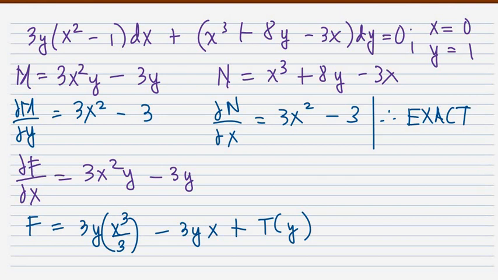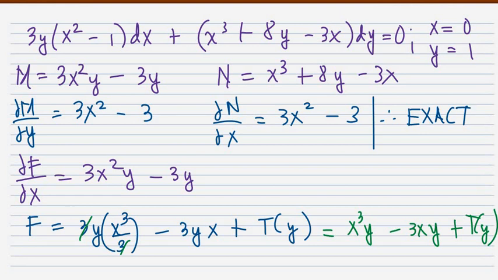Okay, so 3 cancels out here, and this is equal to x cubed y minus 3xy plus t of y. Okay, so f is equal to x cubed y minus 3xy plus t of y. Okay, you just check. x cubed y minus 3xy plus t of y.